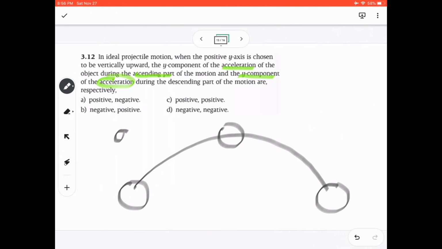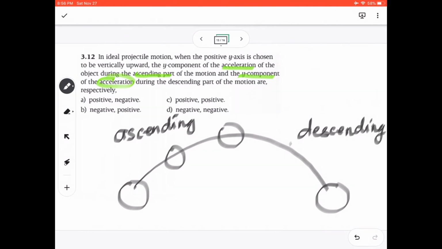What's the direction of the acceleration? This is the ascending part, ascending meaning going up. And this is the descending part, it means it's going down. So in the ascending part, what's the direction of the acceleration? It's downward, so it's negative.